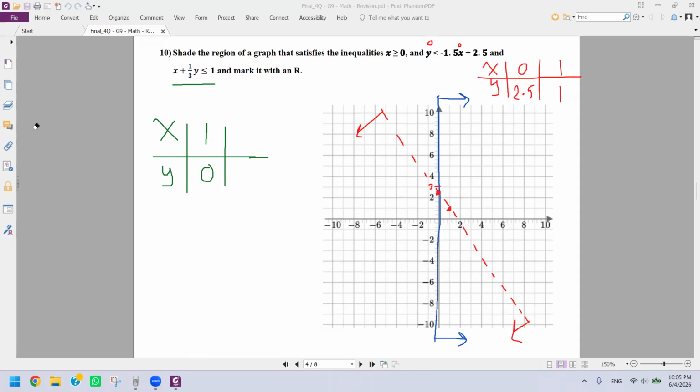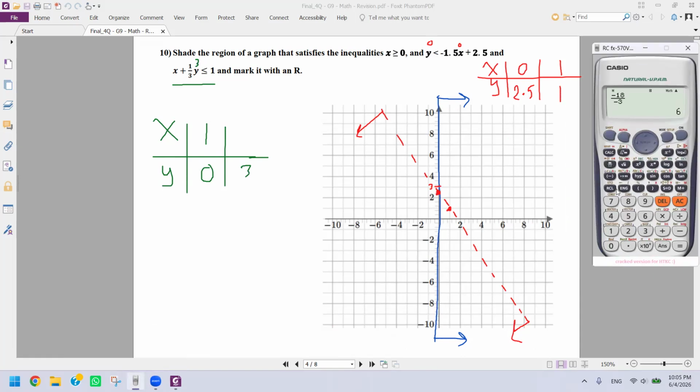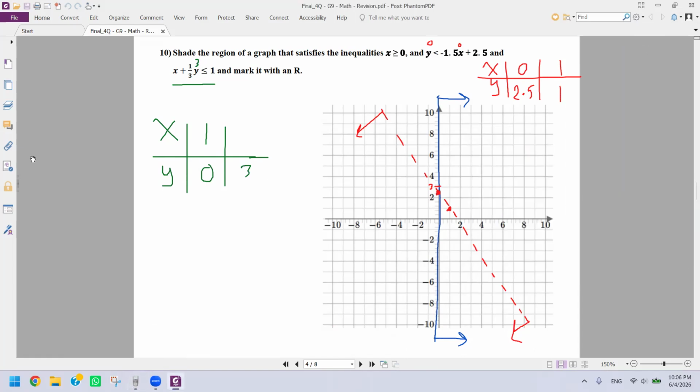Then choose an easy value for y. For this 1 over 3, the easiest way is to multiply it by 3, so it will be 1. So instead of y, I would put 3. Why, guys? Because I have 1 over 3y, and the easiest value for y is 3.